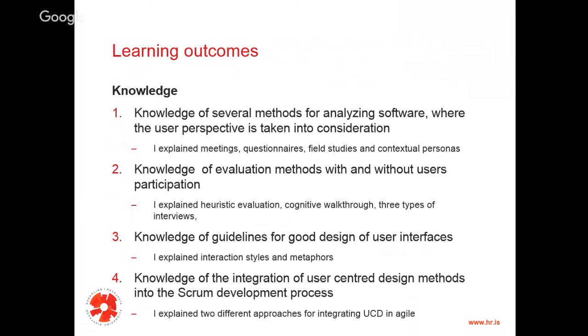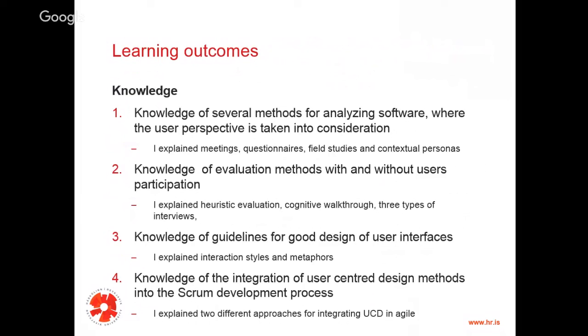I explained the interaction styles, and that was for you to understand the different things there. And we discussed metaphors a little bit, but I didn't find anything more about this in the slides. And then for the fourth one, we looked at different approaches for integrating users and design in Agile.